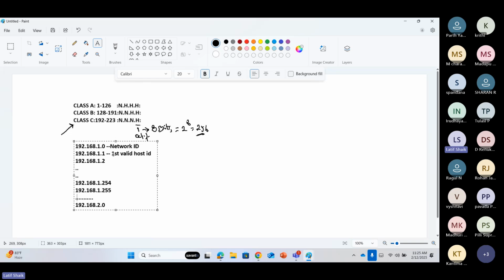The very last one, 255, we also can't assign to any device, because within that network range, from 1.0 to 255, the very last IP address is called the broadcast ID.